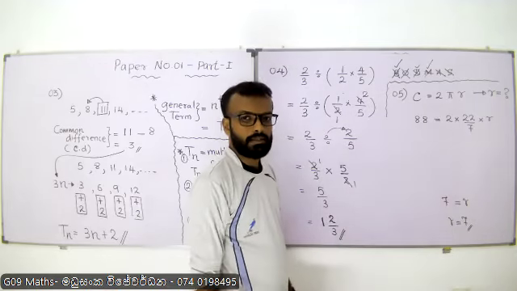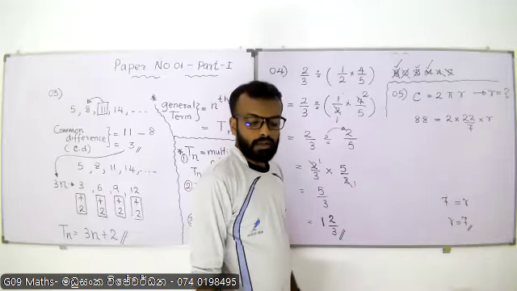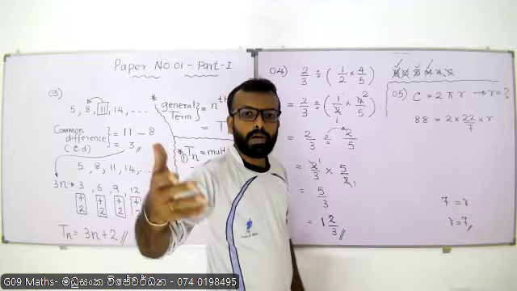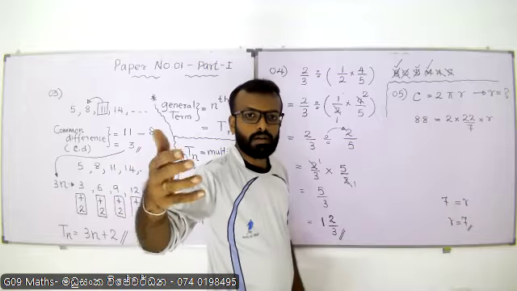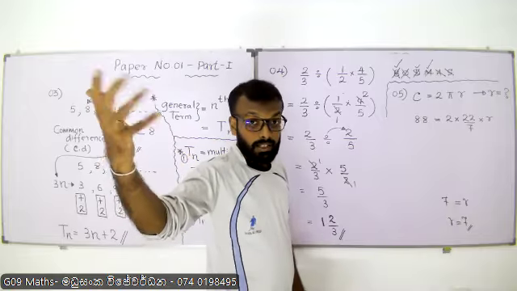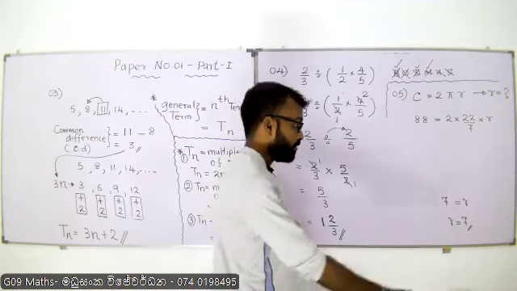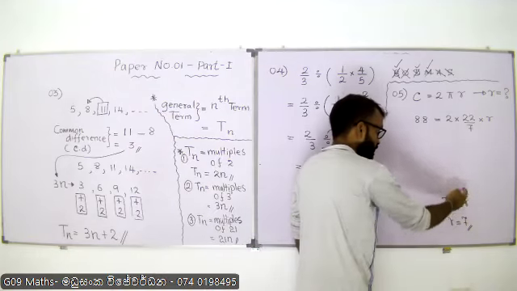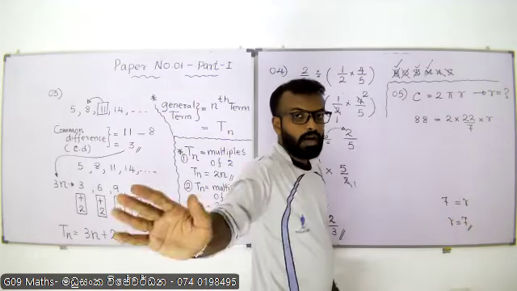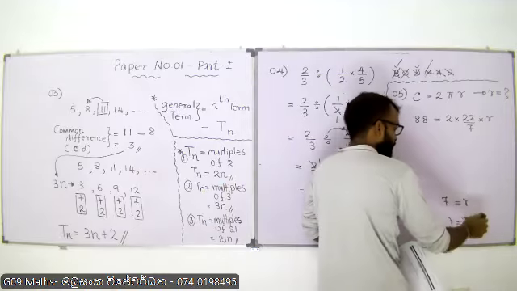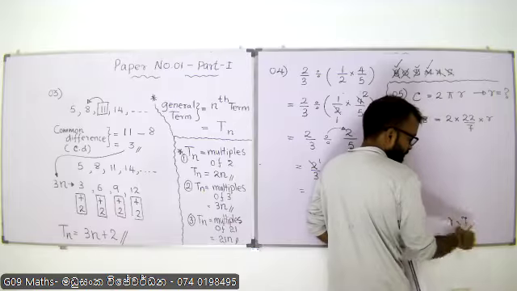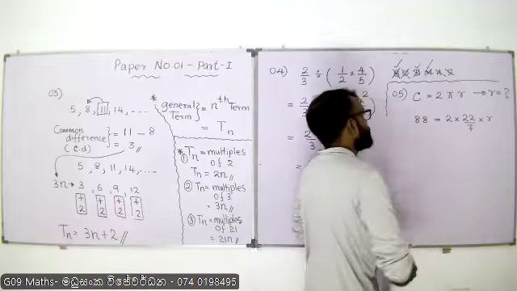Ugly. Like if you are planning to do combined mathematics or Bio in your A levels, don't keep your answers like this. Not the standard way. Standard way is this.